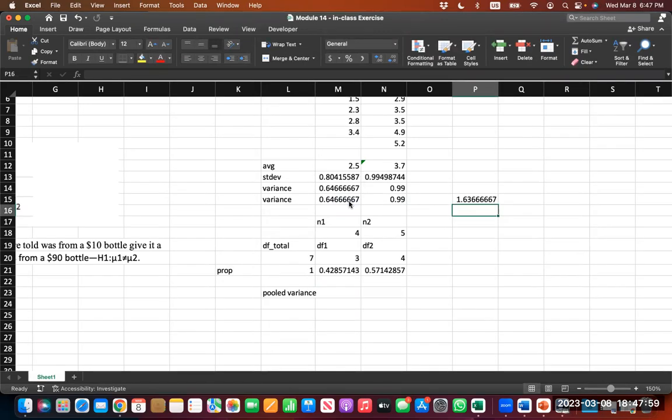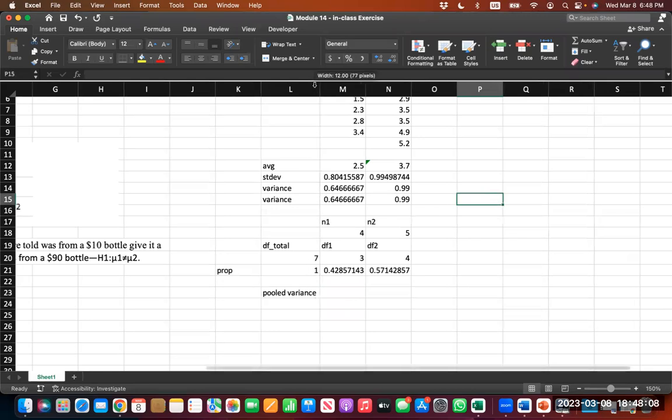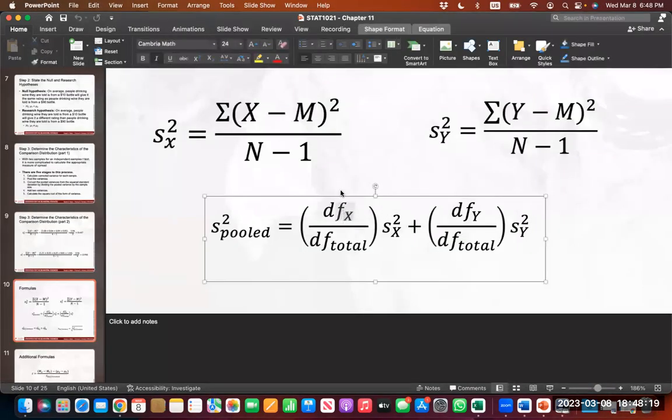So this would be a sample where you have equal variance. But this is not what we have. We have 2 unequal variances and we have 2 unequal sample sizes. Therefore, we need to calculate it with this pooled variance equation.